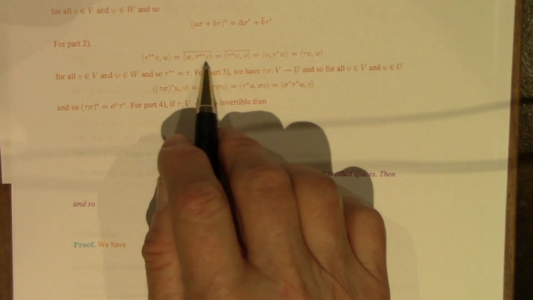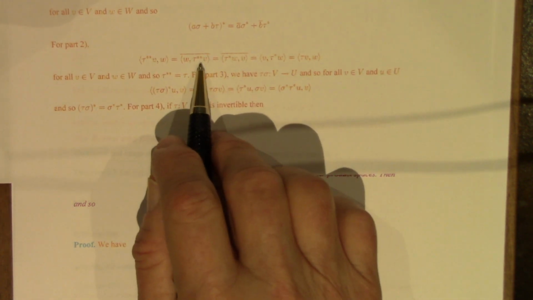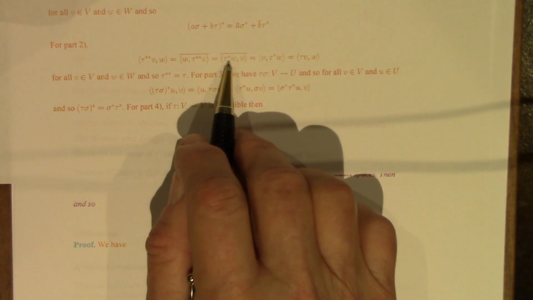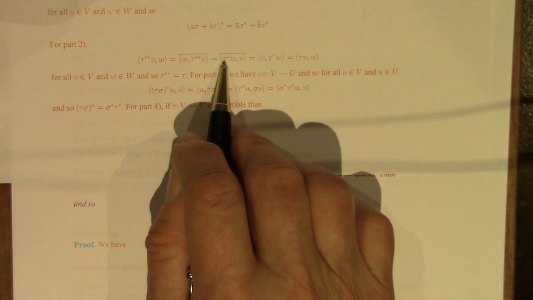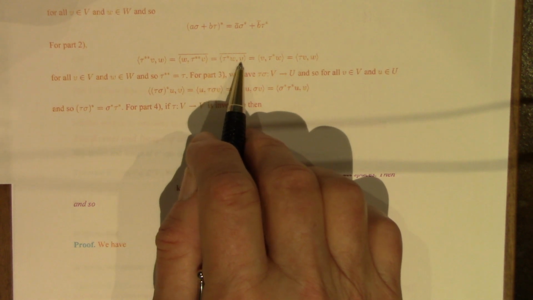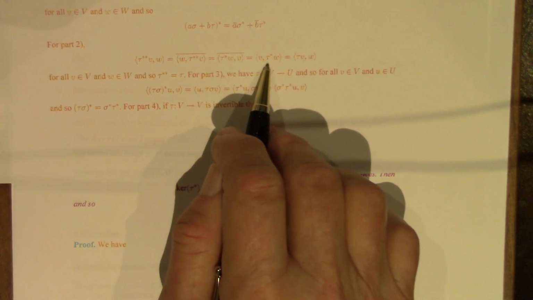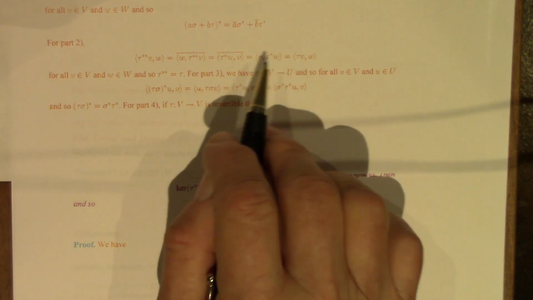The reason it removes a star, which almost sounds like we're using what we're trying to prove, is that if you read it the other direction, if you start with tau star U, V, you're allowed to move tau star across, and it becomes tau double star. So that's this.